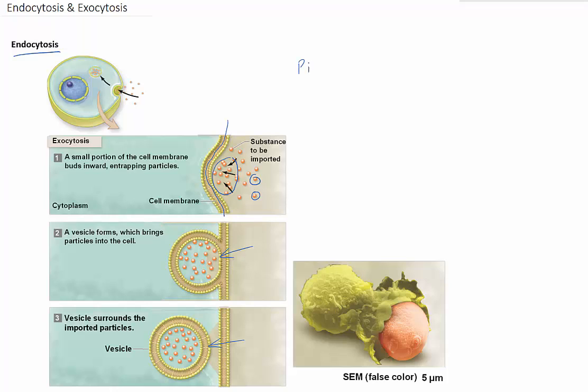There's pinocytosis and phagocytosis. In pinocytosis, the cell engulfs small amounts of fluids and dissolved substances.